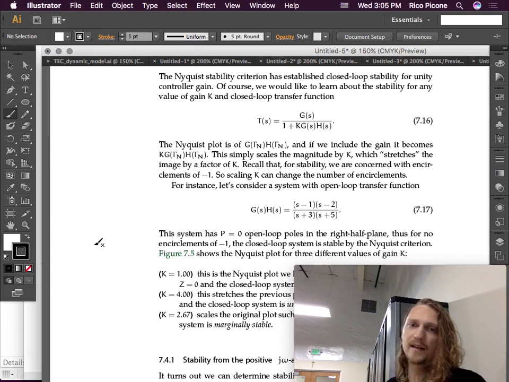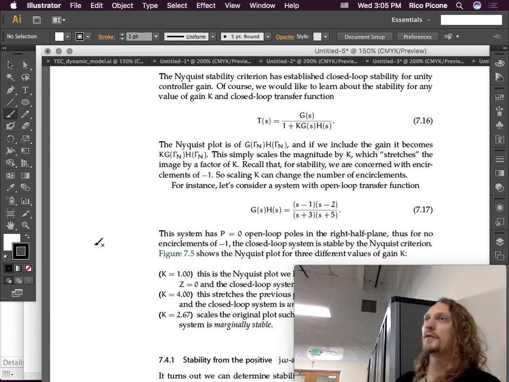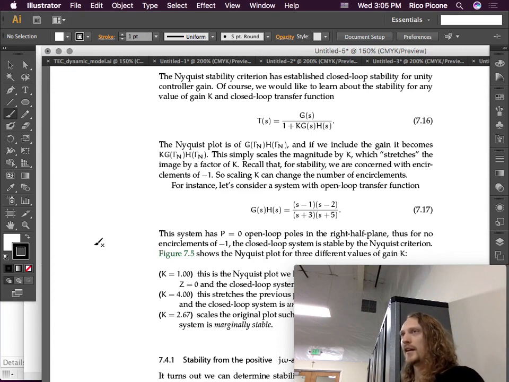The gain just stretches this contour image by a factor of k. It just expands it about the origin outwards. It's pretty easy to see that. If you multiply a complex number by a gain, you multiply the real component and you multiply the imaginary component.